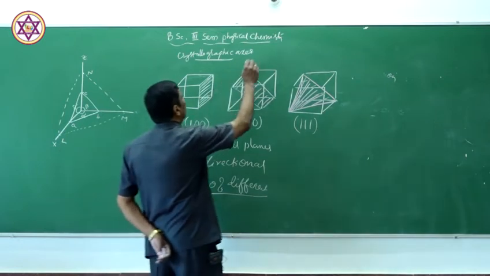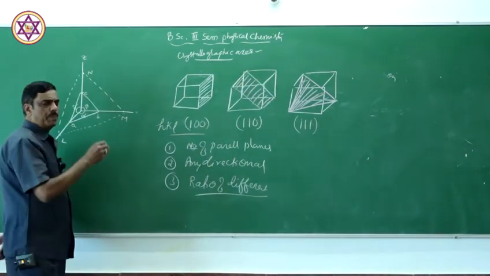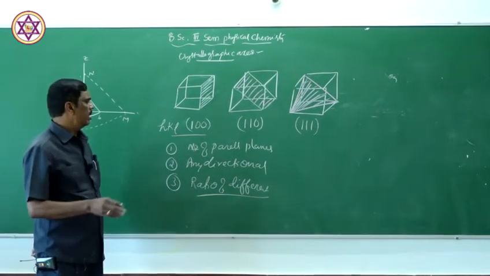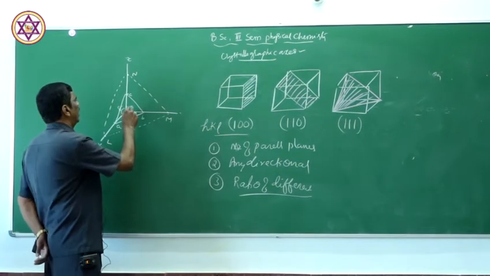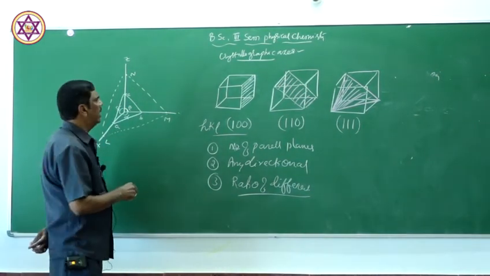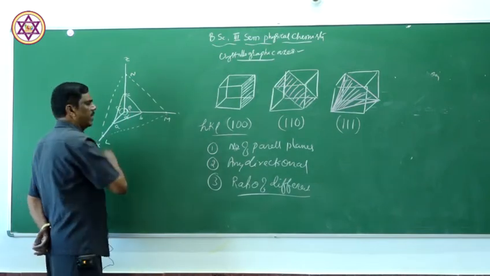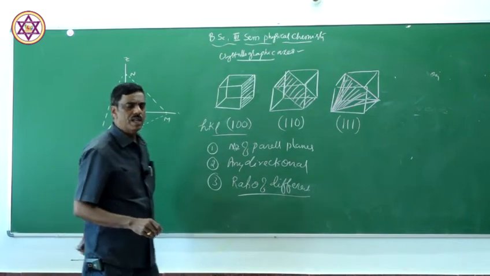So that is about crystallographic axis. So therefore, we can represent different types of crystals by knowing the interfacial angles of different planes and interfacial edges or edge length. We can find out the shape of the crystals.